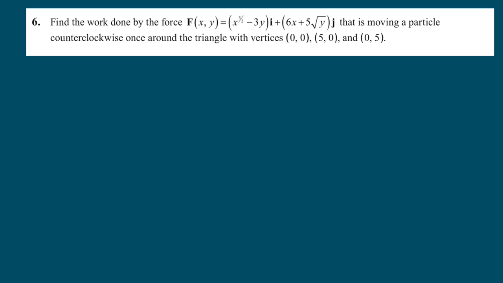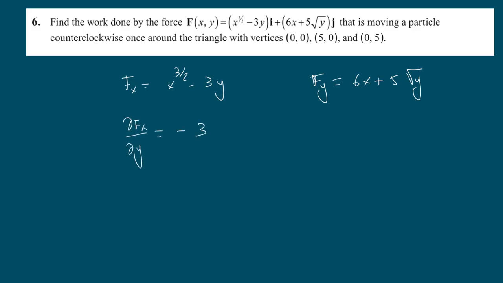So now, same idea. Let's go to work. The component x of the force is x to the 3/2 minus 3y. The component y of the force is 6x plus 5 times square root of y. The partial derivative of the x component with respect to y is minus 3. And the partial derivative of the y component of the field with respect to x is 6.